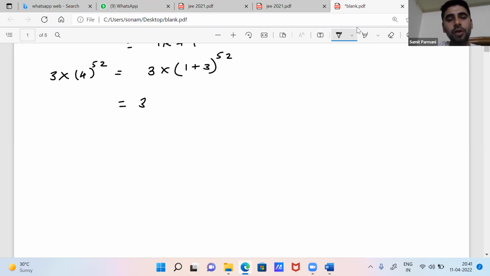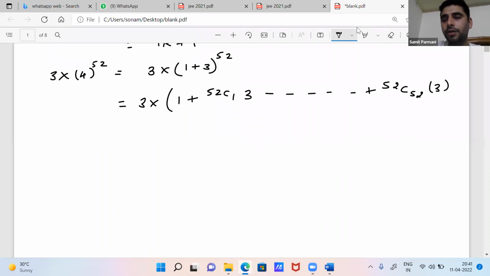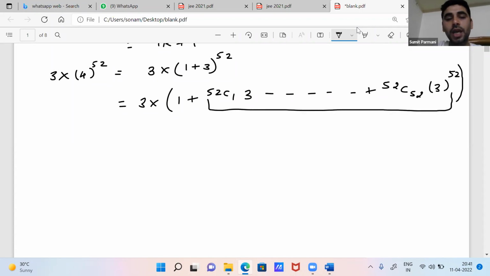Again this is a binomial expansion, so we can write this as 3 into 1 plus 52C1 3 plus till 52C52 3 raised to the power 52. Now each and every term after 1 is a multiple of 3, so we can write it as 3 into (1 plus 3k). It is of the form 3k. Therefore, this expression can be written as 9k plus 3.